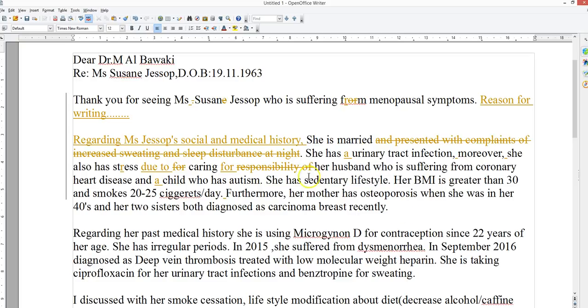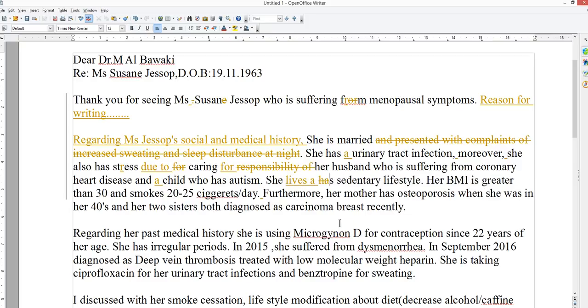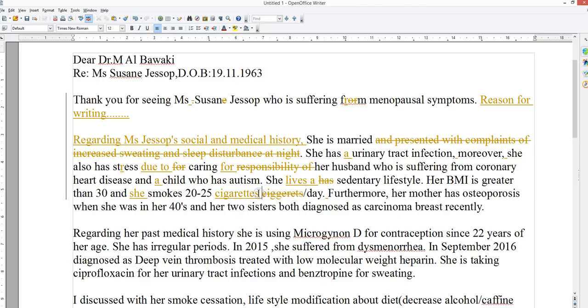She lives a sedentary life. Okay, that's interesting, but that sentence is far too short. You can put all these things in together. Her BMI is greater than 30 and she smokes 20 to 25 cigarettes a day. Again, is that really pertinent?